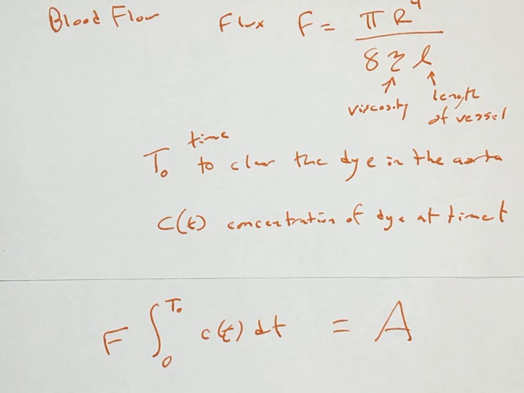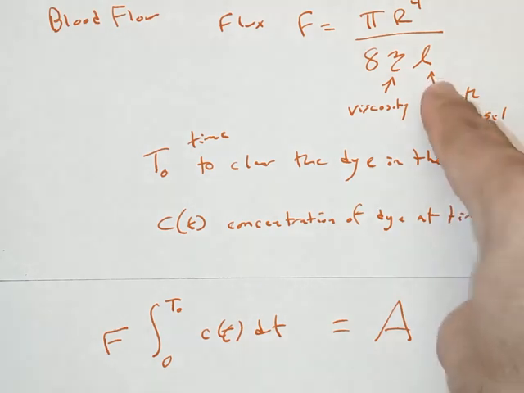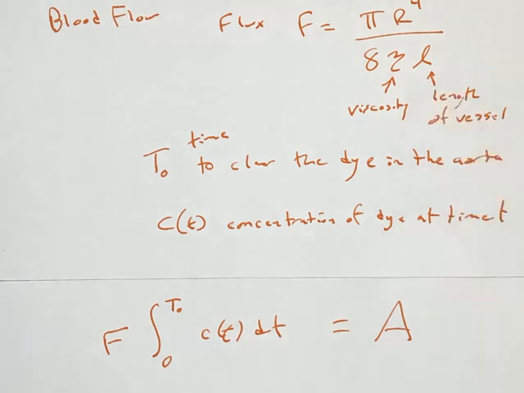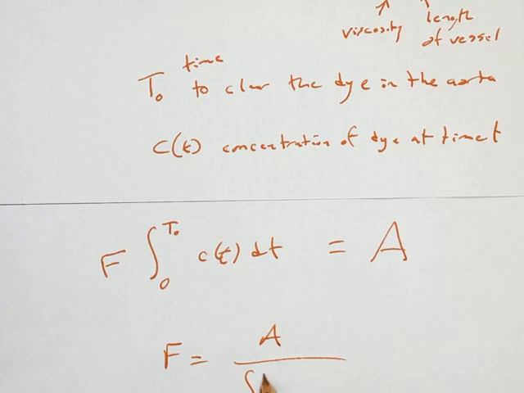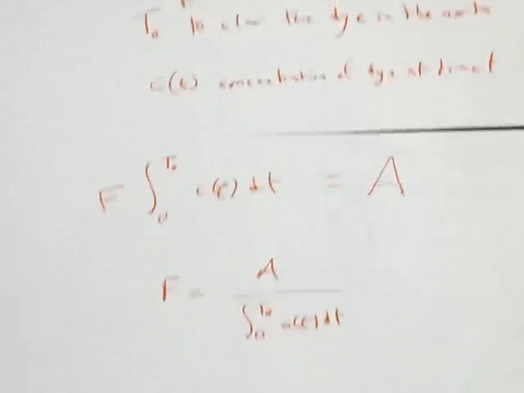I can measure how much blood comes out of the aorta. The concentration can be gotten at all sorts of time intervals off the end of this probe, which means I can get a table of values to give you this integral. I can use all my numerical methods. I can use Simpson's rule. I can use the midpoint formula. I have a nice numerical way of doing this. And then, rather than using this theoretical calculation for flux, I can calculate actual flux by measuring and dividing.